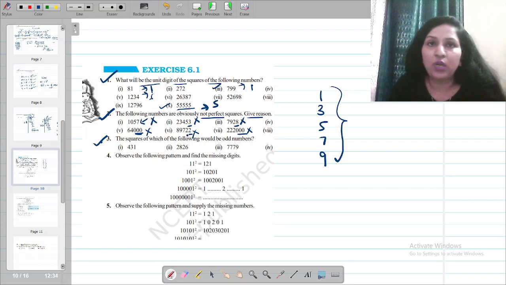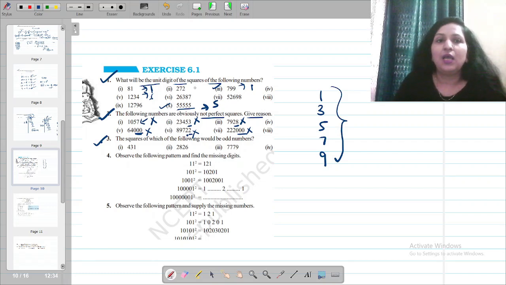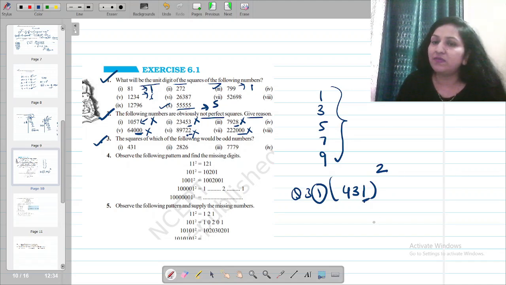And I hope you all know how to find the ones digit. First part, the number is 431. I only have to square the 1, and the square of 1 is always 1. So whatever your answer is, the ones digit will be 1 only and it will be an odd number. Okay, this much is understood.